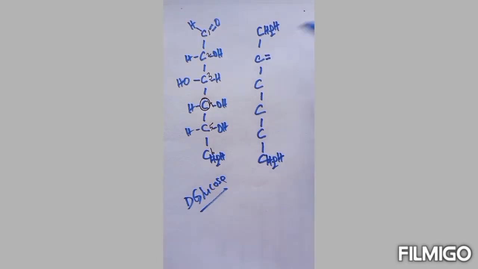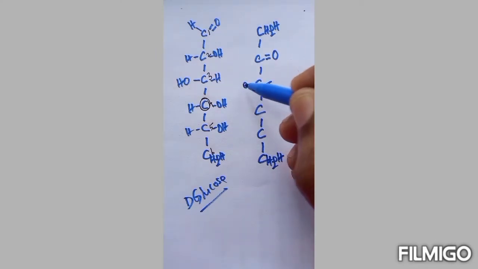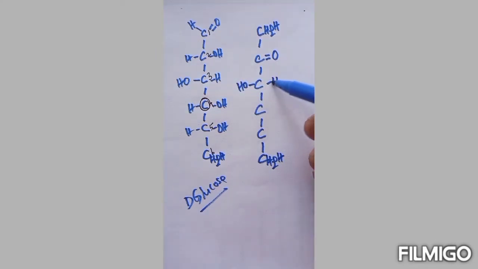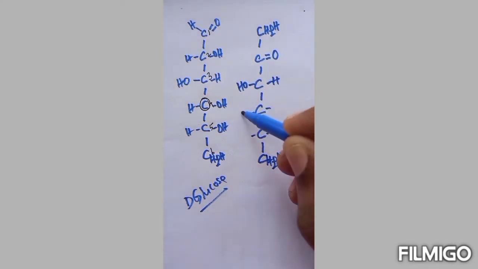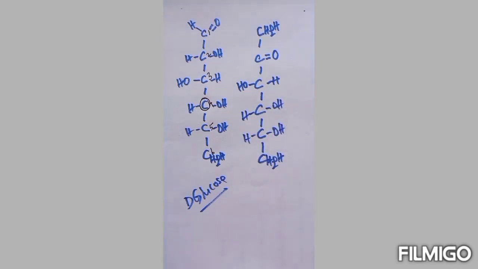It's on the second carbon that the functional group, the keto group, will be arranged. And as in the case of glucose, the 3rd carbon will have OH on it, and the rest of the carbons will have HOH. So this was the method I follow to remember the structures of D-glucose, D-fructose, and D-galactose.